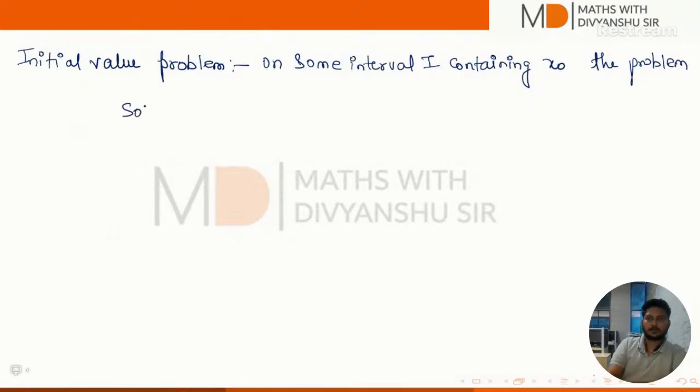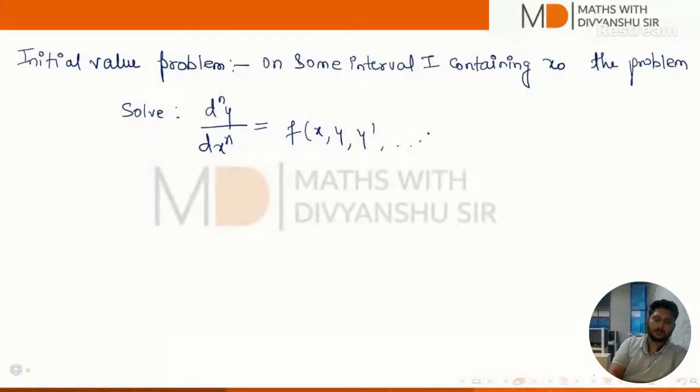The format for initial value problem is d to the power n y upon dx to the power n, which is equal to a function of x, y, y dash, up to y^(n-1).